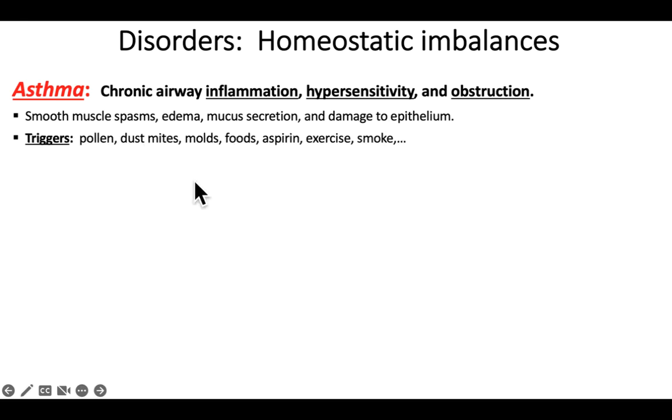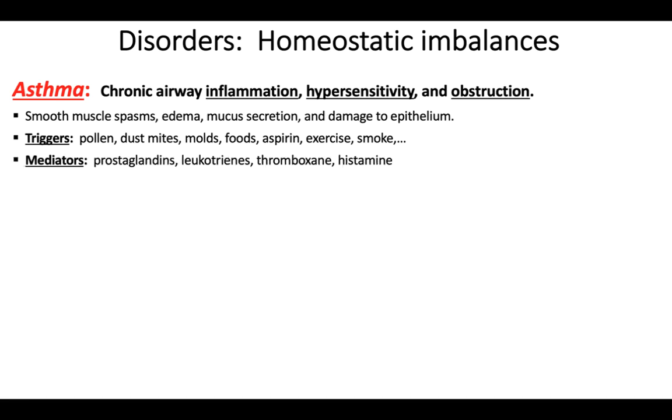There's certain triggers, but notice it's typically things in the air, except aspirin can actually trigger a more severe asthma attack. And then there's mediators, right? Your pro-inflammatories, your prostaglandins, your leukotrienes, your thromboxane, your histamines are all going to be involved in that inflammation.